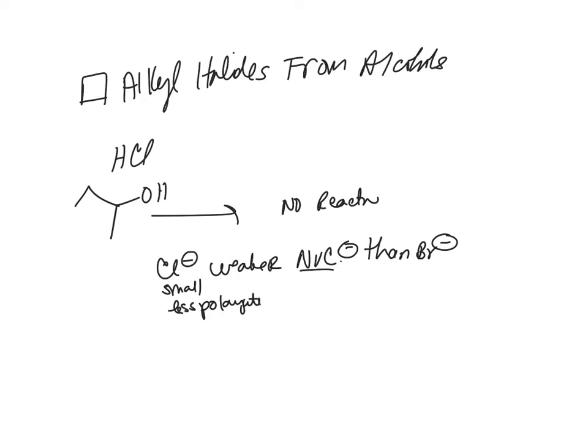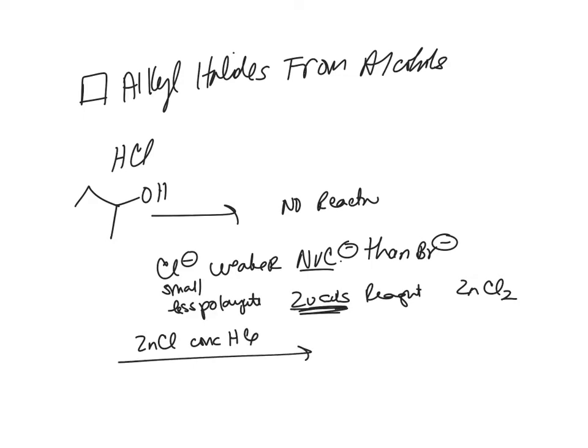So you can do a Lucas, because Dr. Lucas figured this out, a Lucas reagent, which is just adding some zinc chloride. And the zinc will activate the HCl. So if you use zinc chloride and concentrated HCl, then tertiary alcohols will react in 1 minute.